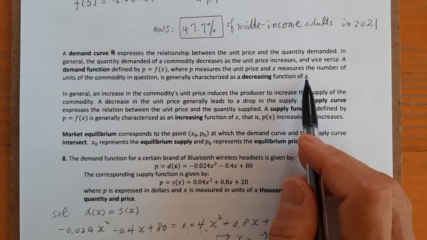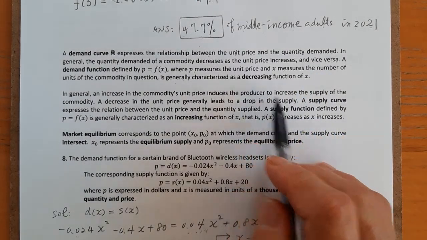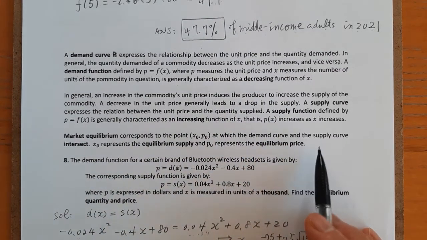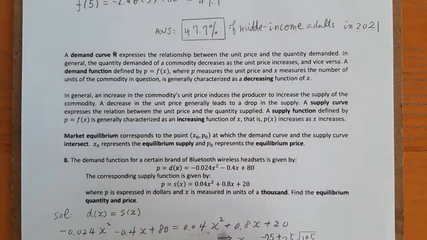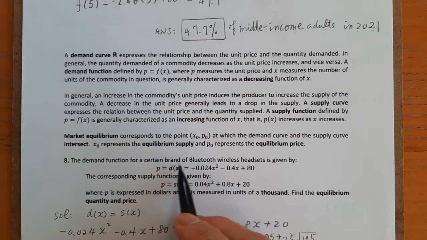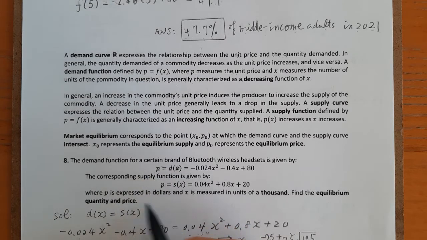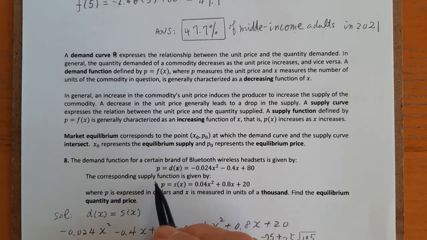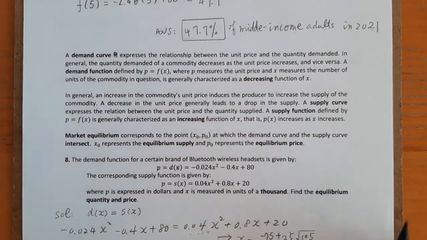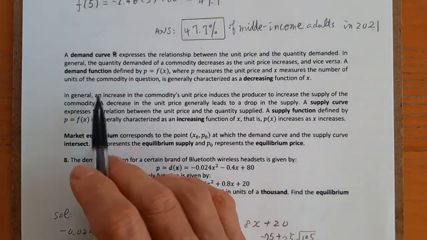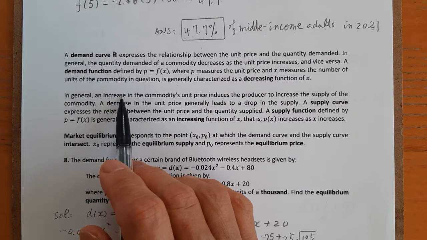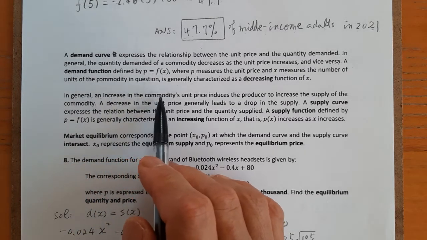When x increases, the function decreases, so the price decreases. When there is more demand, x increases, the price decreases. When x decreases, the price increases. It's a decreasing function.